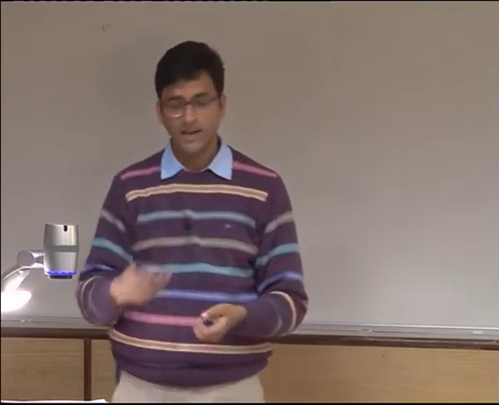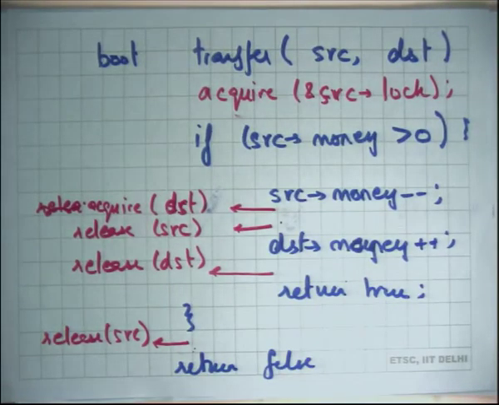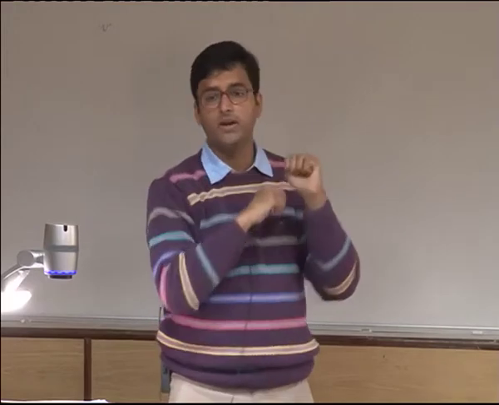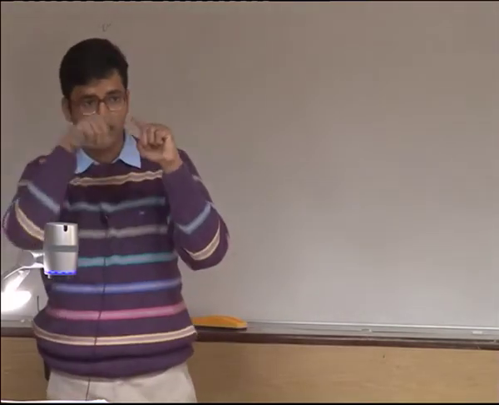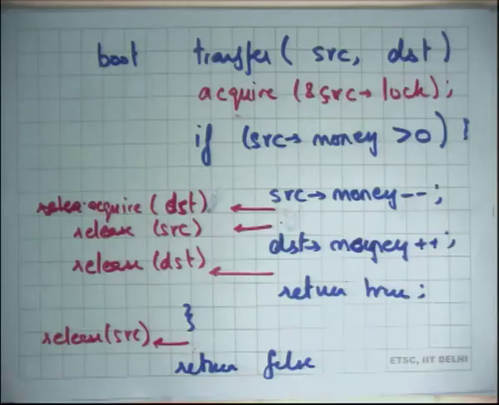There's a cycle because I'm holding one lock and waiting for another lock, and that guy is holding the lock that I'm waiting for, and he's waiting for the lock I'm holding. So there's a cyclic dependency in the lock acquisition order. All right. So how do you solve something like this?